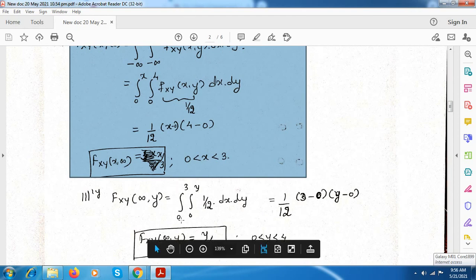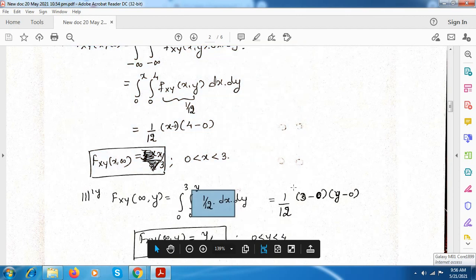Here the limit for the x value is from 0 to 3, and for y it is from 0 to y. If you integrate with respect to x, you get 3 minus 0, that is, the lower limit is 0 and the upper limit is 3.